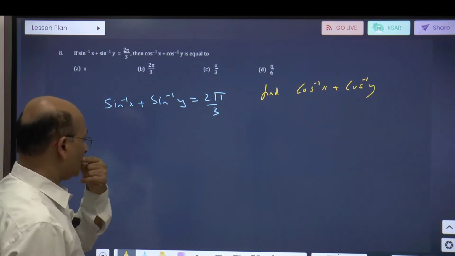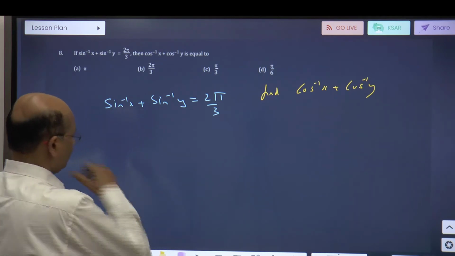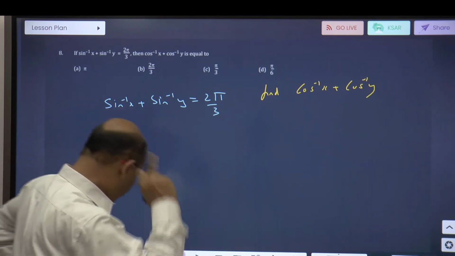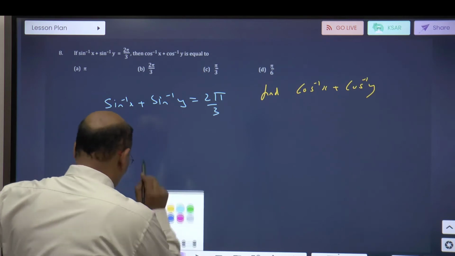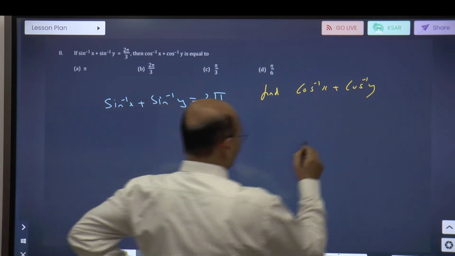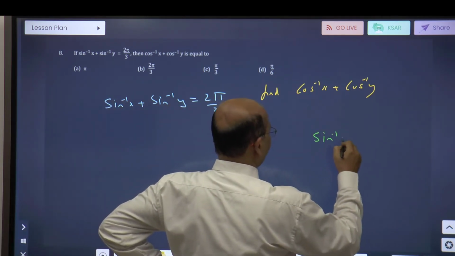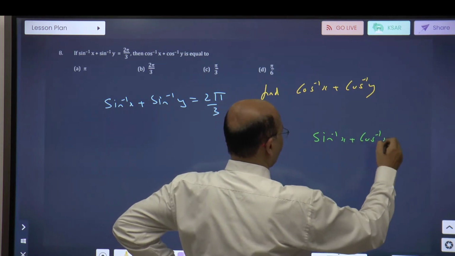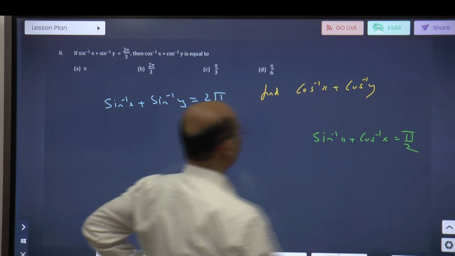Now what I am trying to do is I will work out something. If you remember one formula which I generated long back, you know that sine inverse x plus cos inverse x is equal to pi by 2, correct or not?